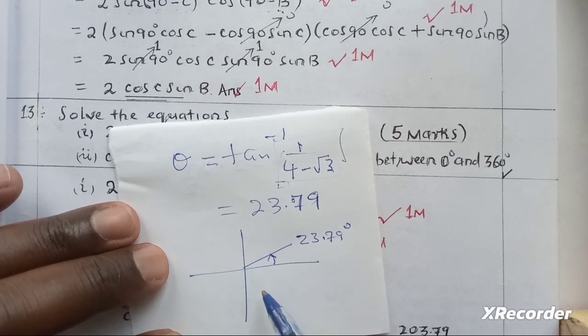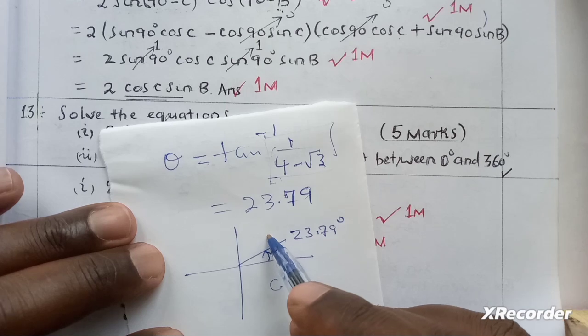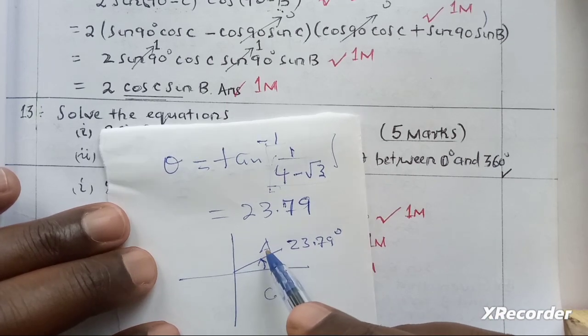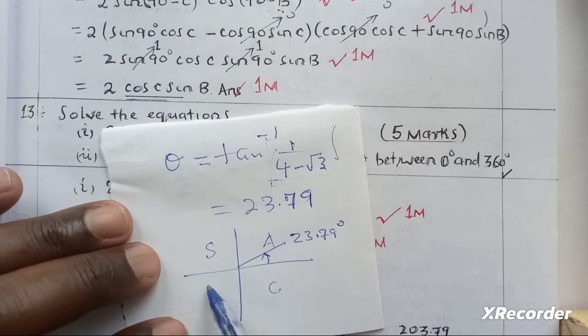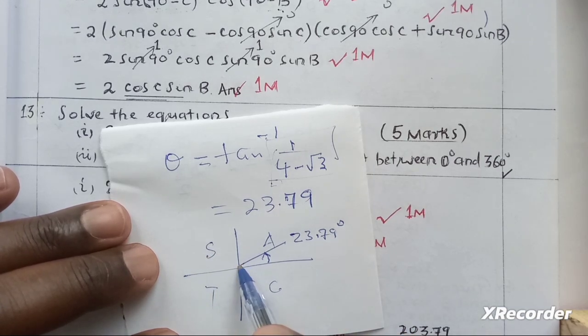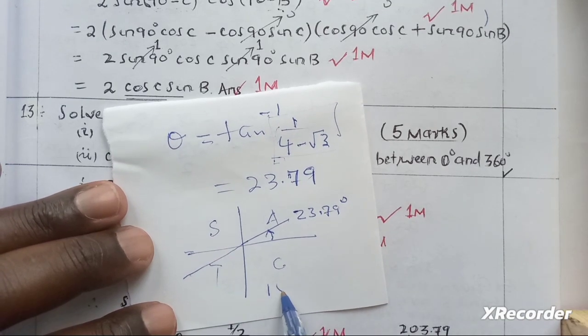So because this triangle has, this side is C, that is all the trigonometric ratios are positive. Here we have sine is positive and tangent is positive. So we'll have another angle here. You protrude this one, this other angle will still be positive, and this one is 180 plus 23.79.